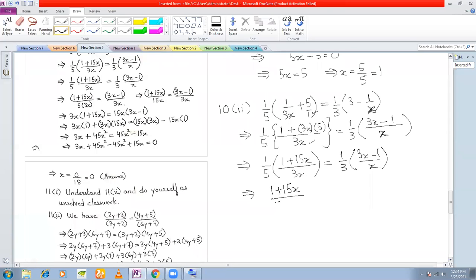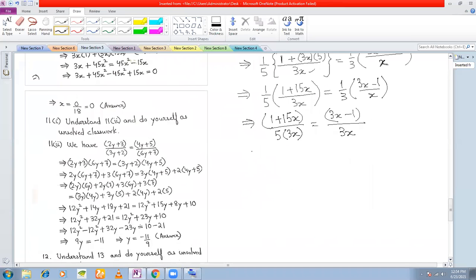This 5 in the denominator, you can multiply with 3x. 3x − 1, again you put brackets here, divided by 3 in the denominator into x will give you 3x. So you have (1 + 15x)/(15x) = (3x − 1)/(3x).